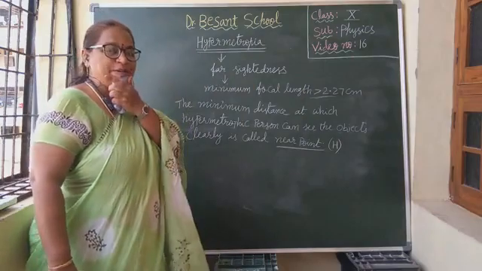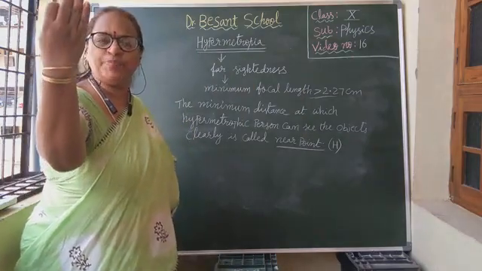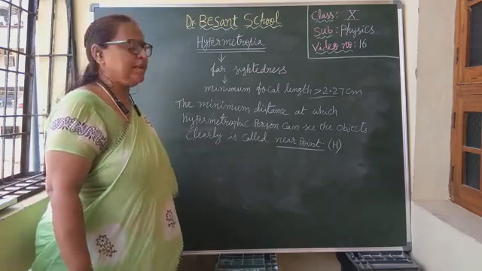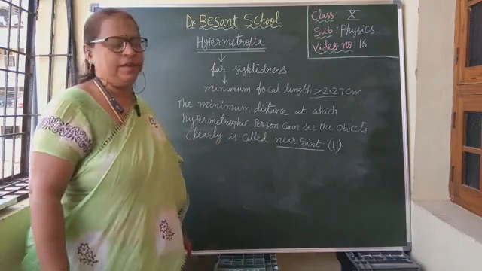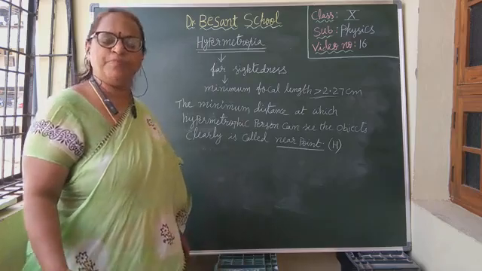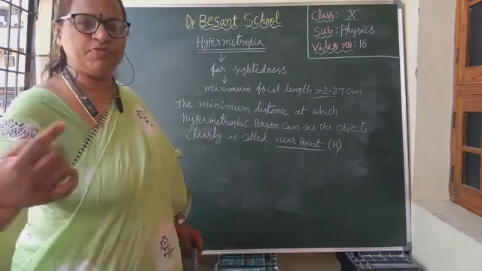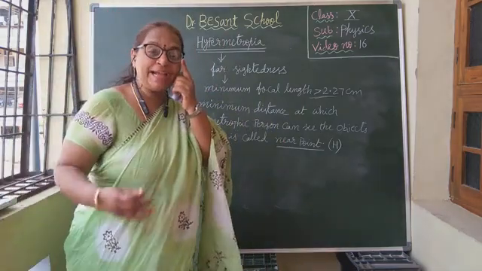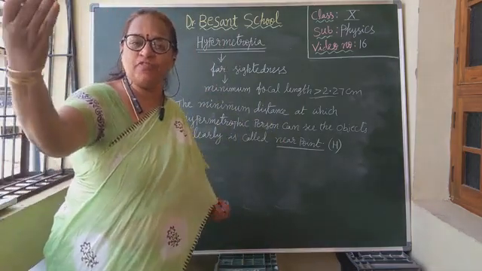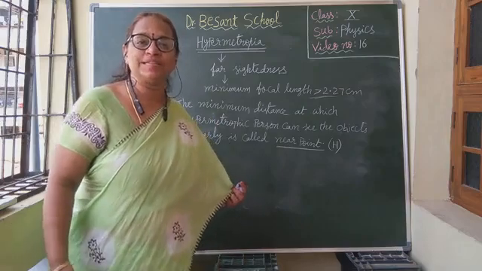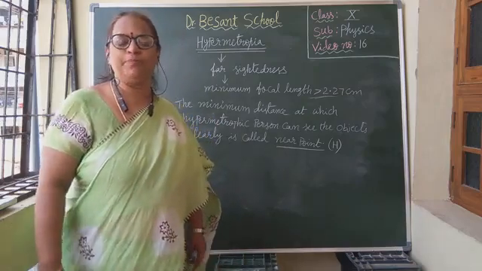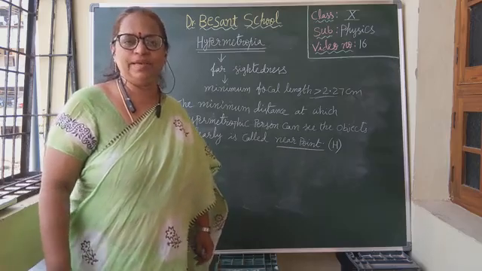Understood, children? Then what is far point or myopic point? The maximum distance at which a myopic person can see the objects clearly is called far point or myopic point, represented with M. Clear, children?